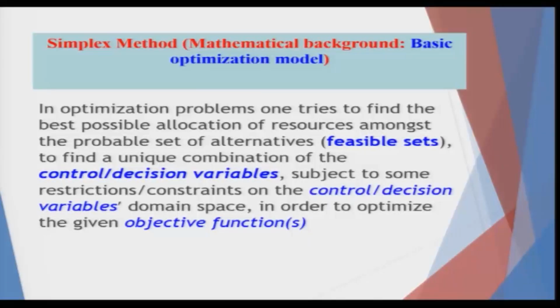So, whenever we are solving an optimization problem, our main concern is to find the best possible allocation of resources. Resources can be, for example, trucks, or some food material you want to give to different people or children who require malnutrition treatment, or resources you want to allocate to different states in India to build a bridge.